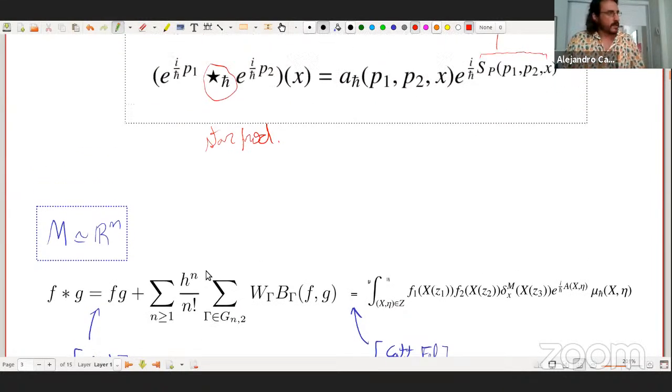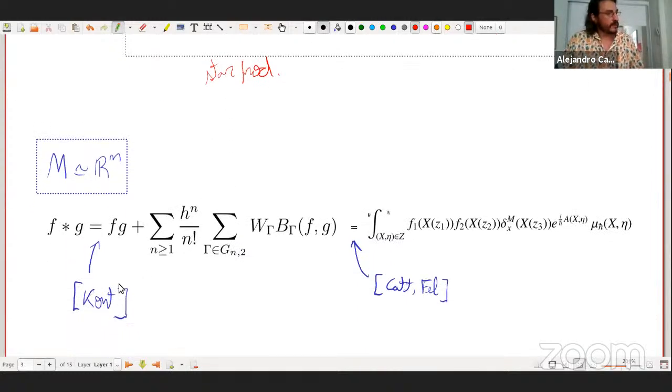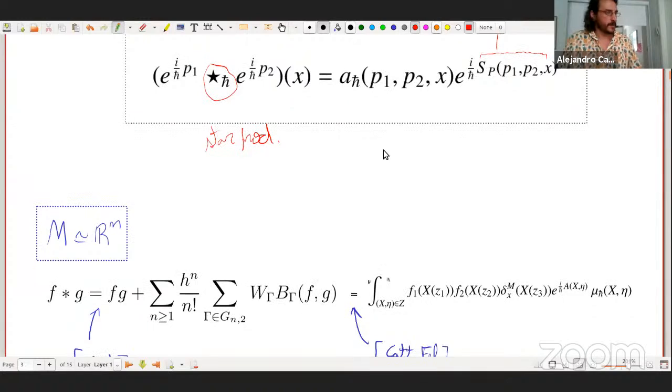We will be thinking of a very particular star product, which is the Kontsevich star product in Poisson coordinates on this manifold. And in the third part, we will be substituting this explicit formal power series by this field theoretic expression. So that's essentially the plan of what we are going to speak about.